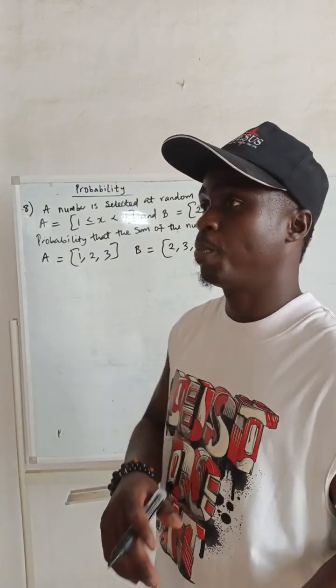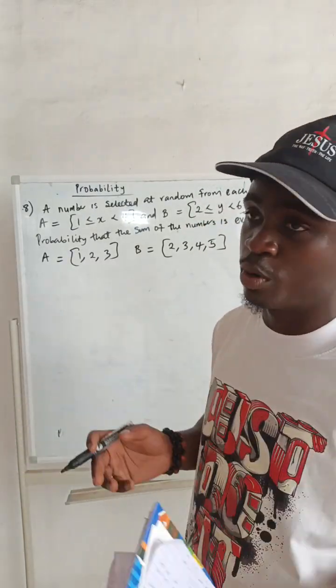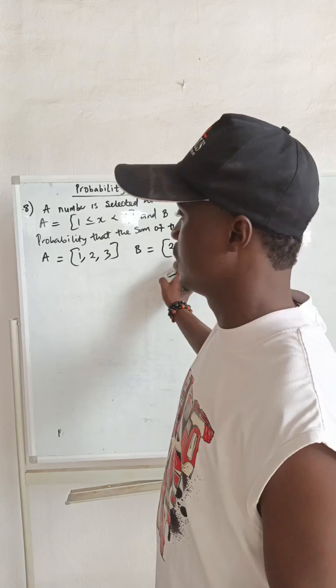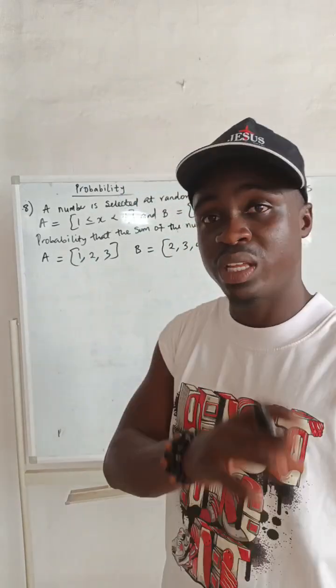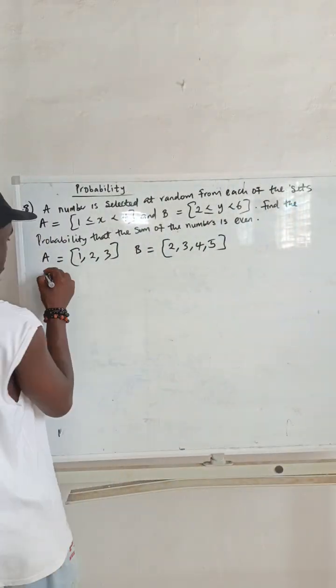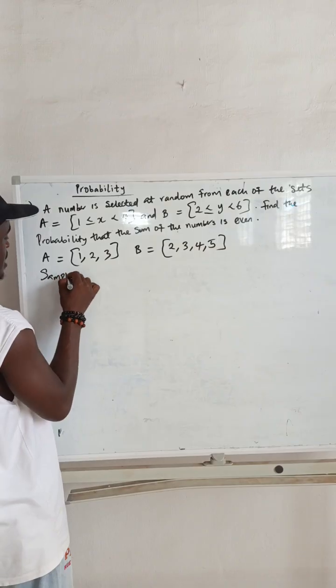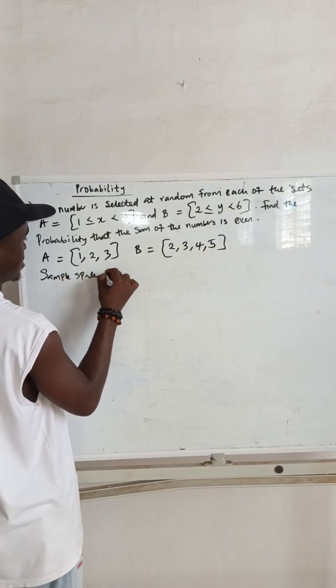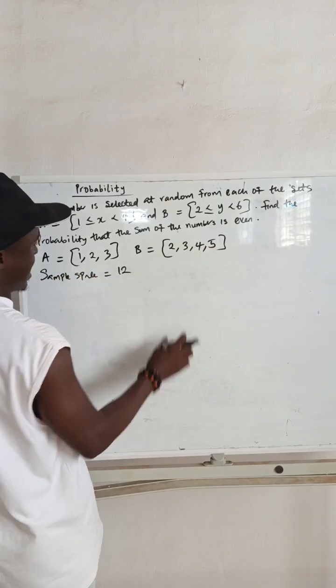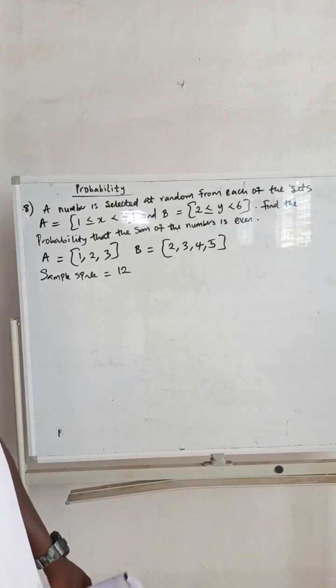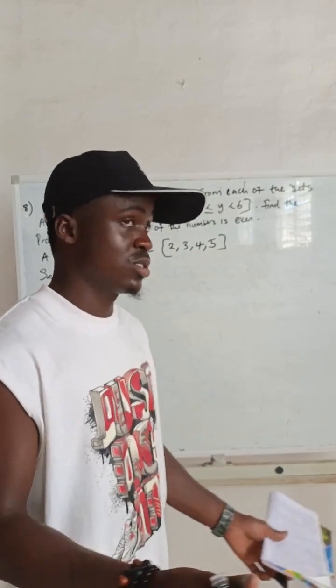But in order to get it properly, we simply multiply the two sets together, and that's how we get our sample space. So our sample space here is 12. That's 3 times 4, very easily. That's what we usually do in most cases of dice.